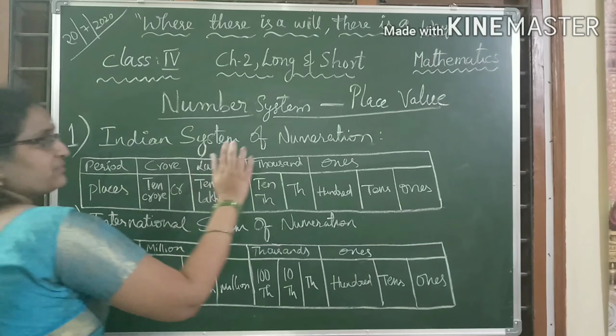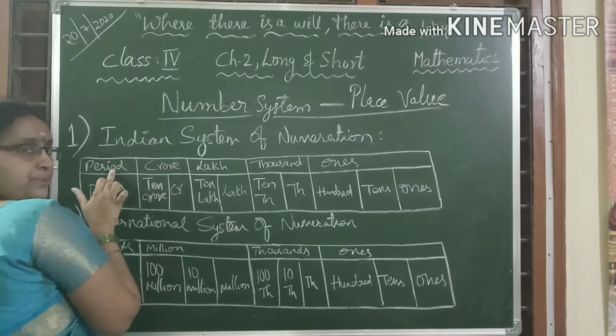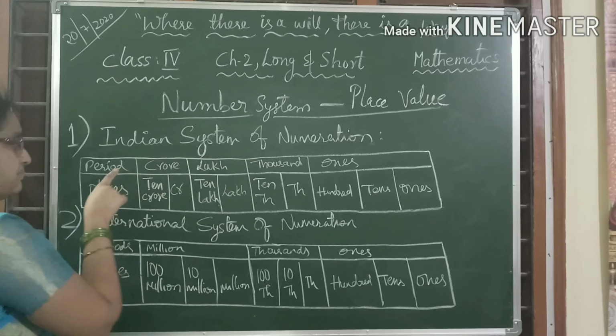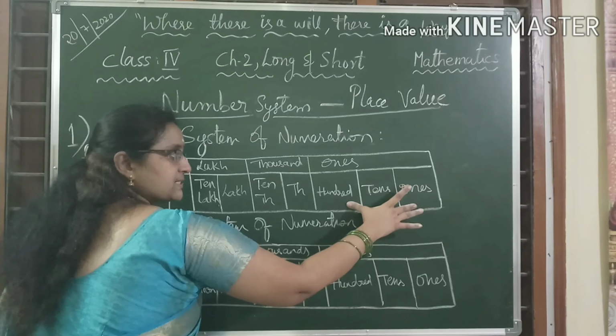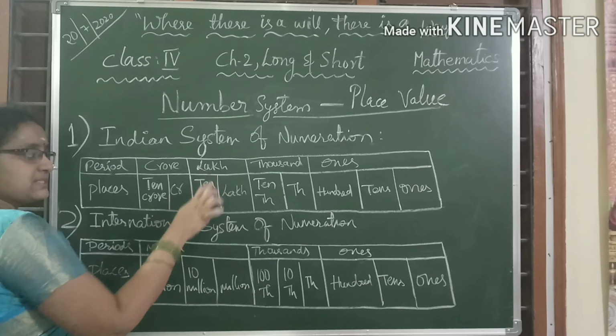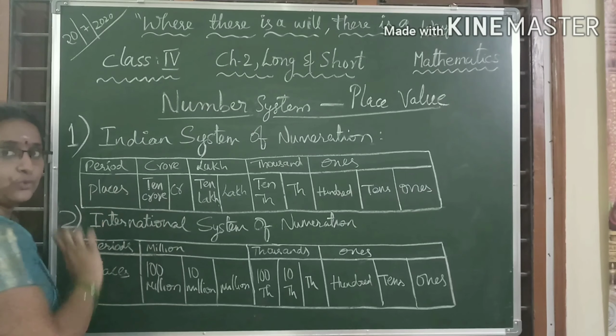In the Indian system of numeration, these are called periods: ones, thousands, lakhs, crores. In this, the ones period has 3 places, the thousands period has 2 places, the lakhs period consists of 2 places, and the crores period consists of 2 places.